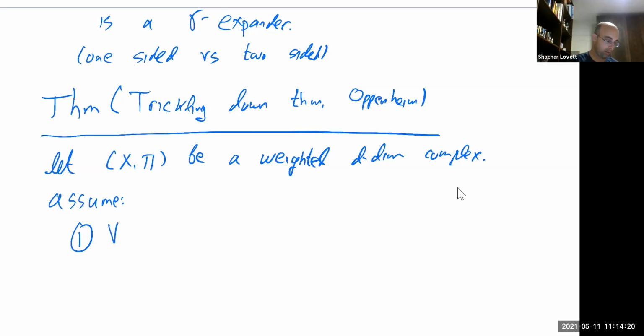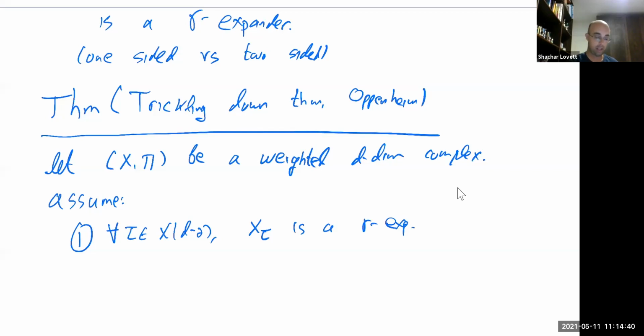So for every face tau in X of level d minus 2, X tau is a gamma expander as a graph.